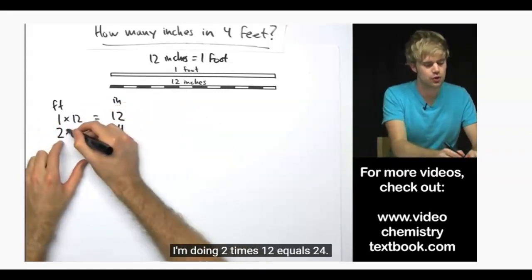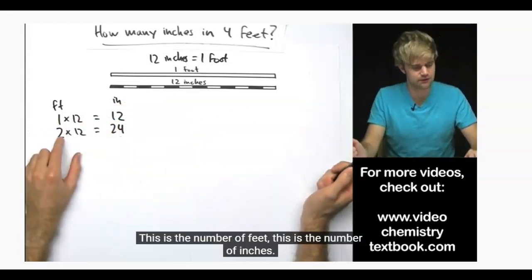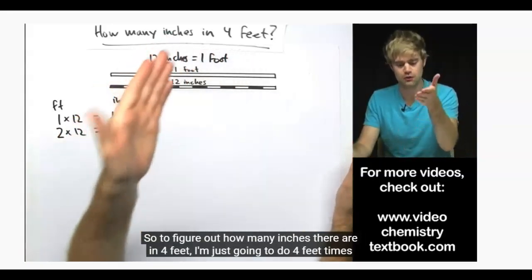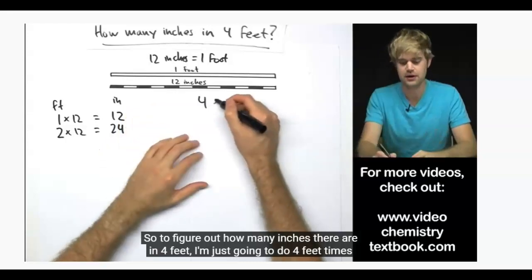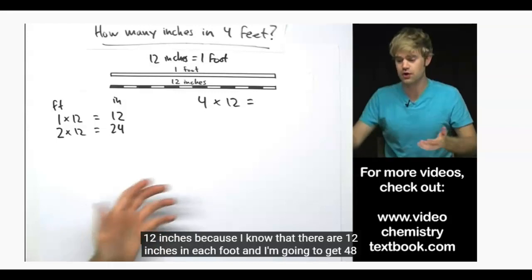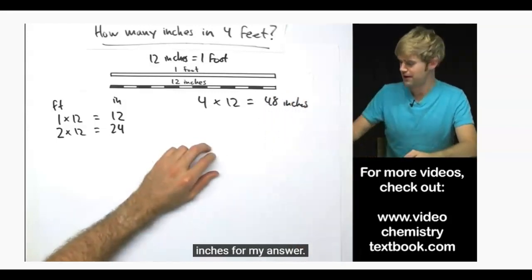I'm doing 2 times 12 equals 24. This is the number of feet, this is the number of inches. So, to figure out how many inches are in 4 feet, I'll just do 4 times 12, because I know that there are 12 inches in each foot, and I'm going to get 48 inches for my answer.